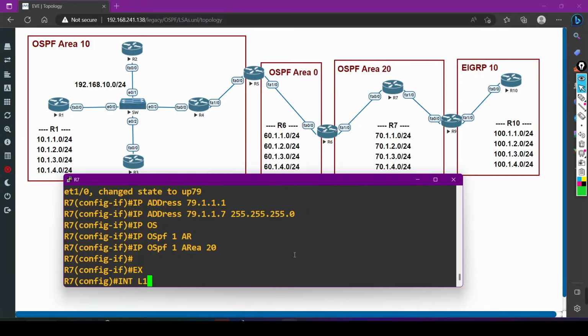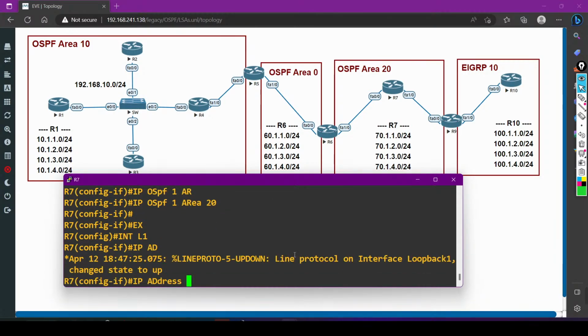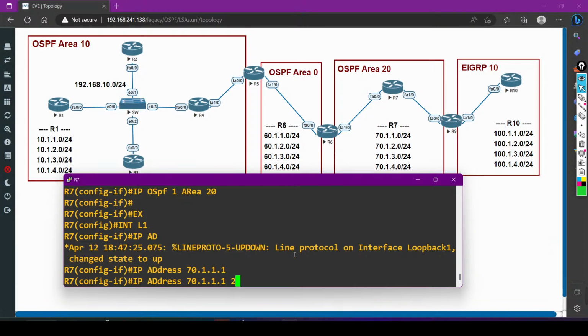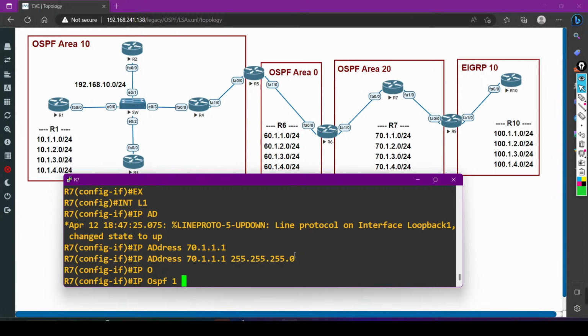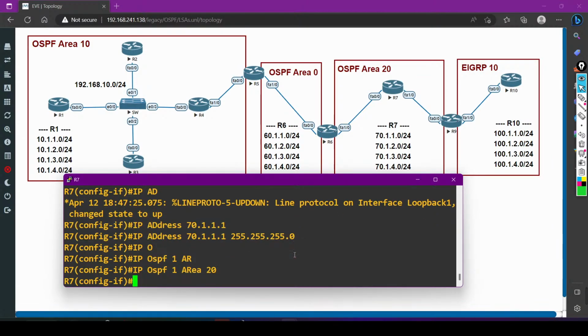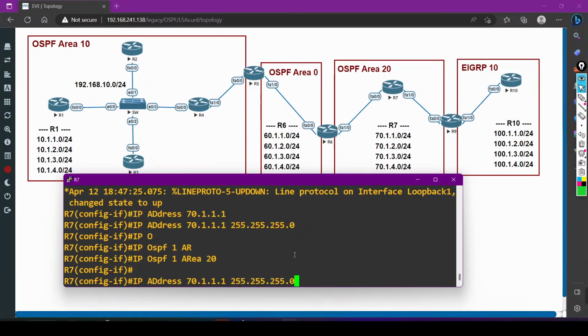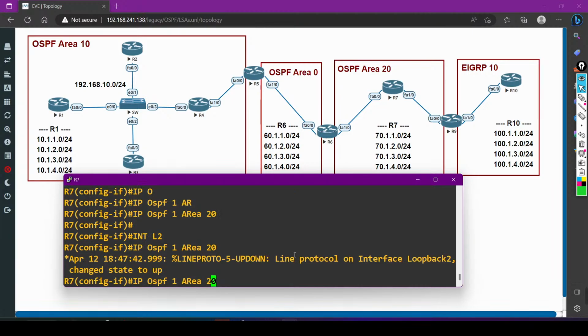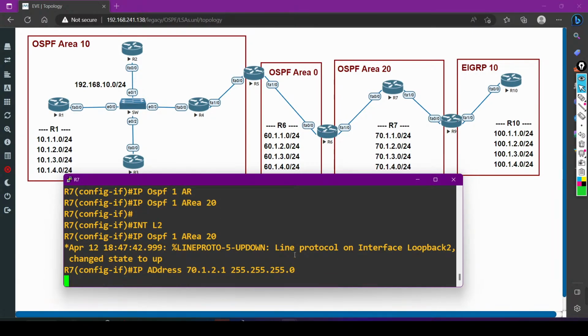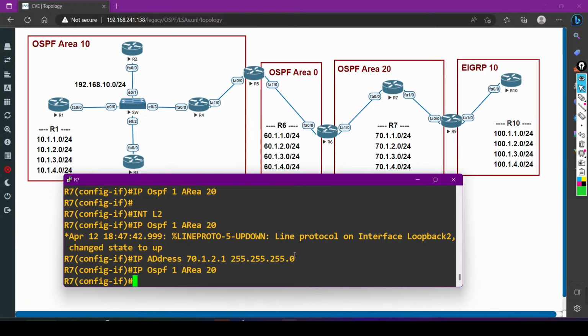Interface loopback 1, IP address. What will be the IP address over here? 70.1.1.1, 255.255.255.0, IP OSPF 1 and area 20. Done. Interface loopback 2 here, IP address will be 70.1.2.1 and IP OSPF 1 area 20.